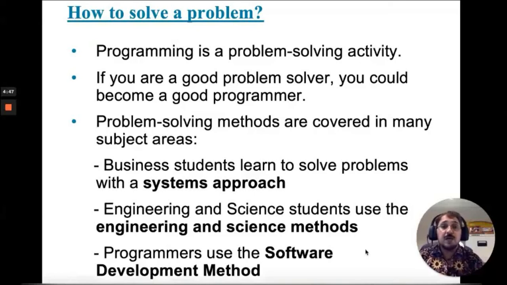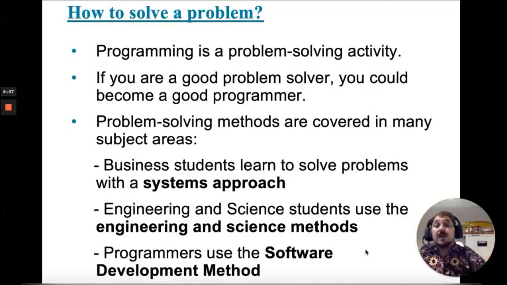If you are a good problem solver, you could become a good programmer, and not only a good programmer, you will be quite a successful person in your life, because for any issue within your family, within your friends, or any other, if you have the skills, you will quickly realize the problem, and once you understand, you will quickly find a solution.